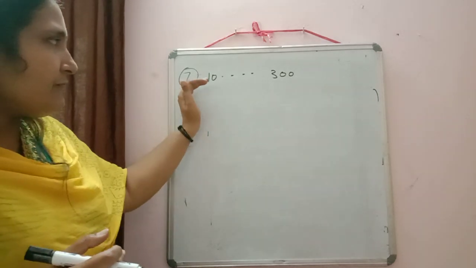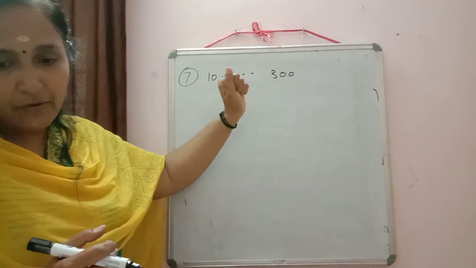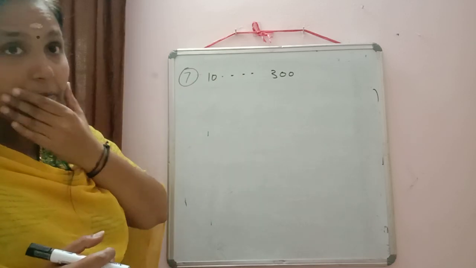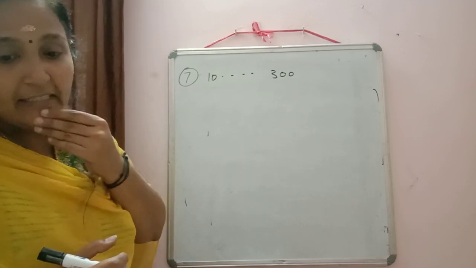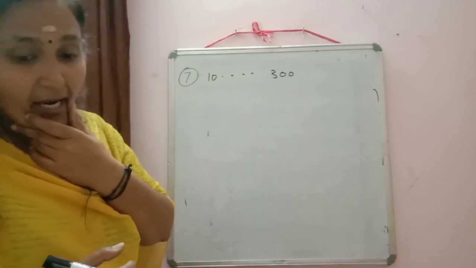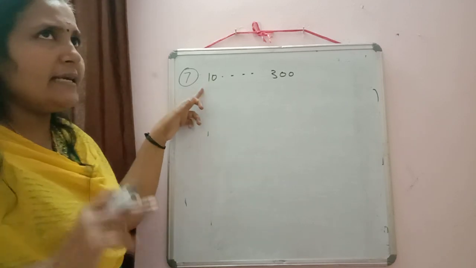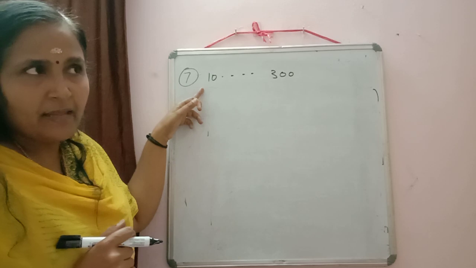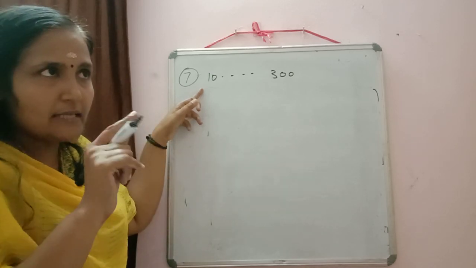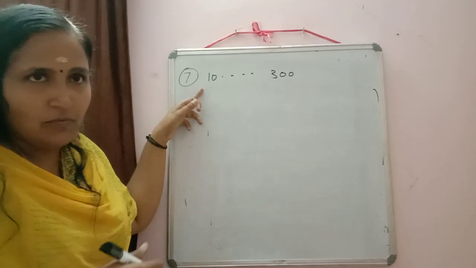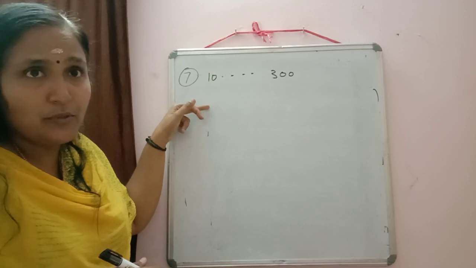So the number should not be a multiple of 4. It should give the remainder 3 when we divide it by 4. We'll check. If we divide 10 by 4, what will come? 4 2s are 8, remainder will be equal to 2 there.